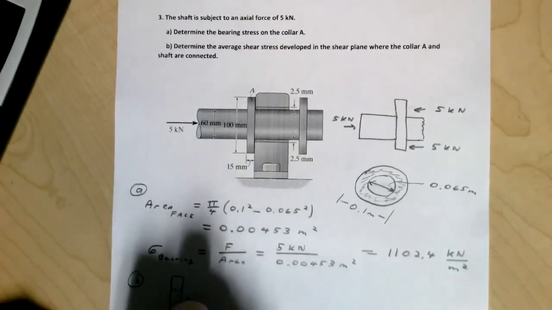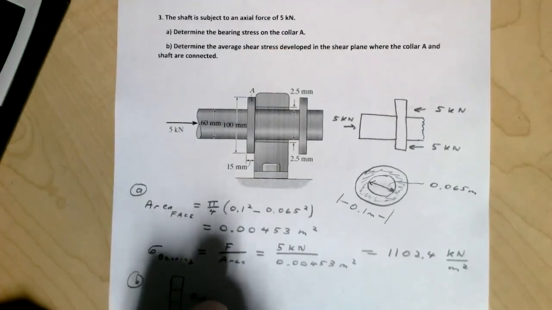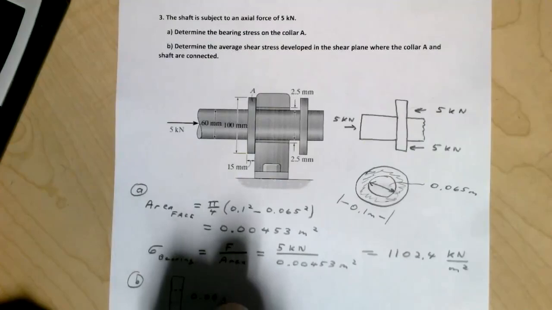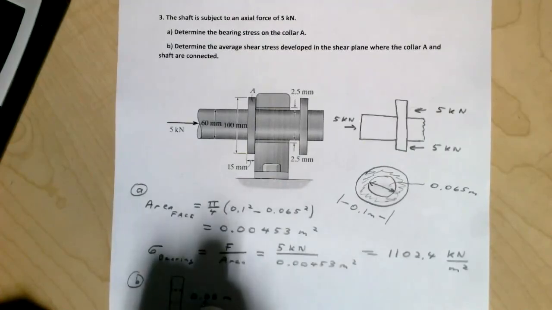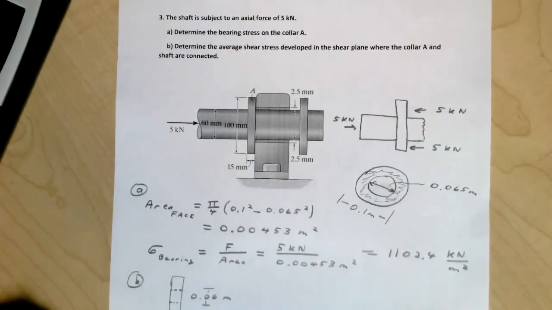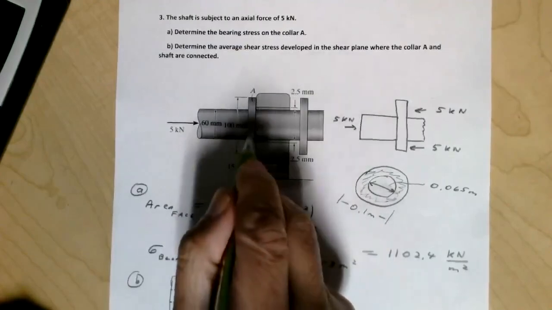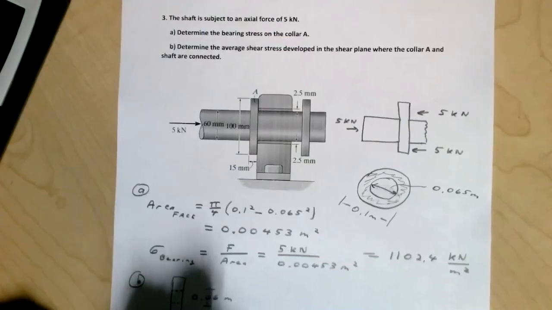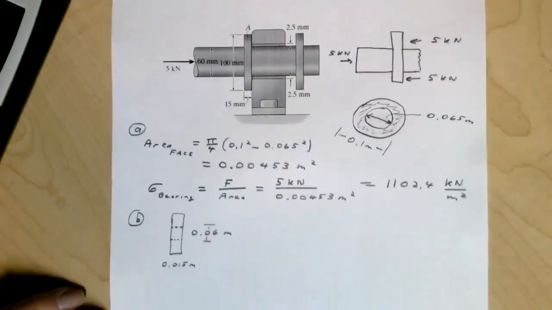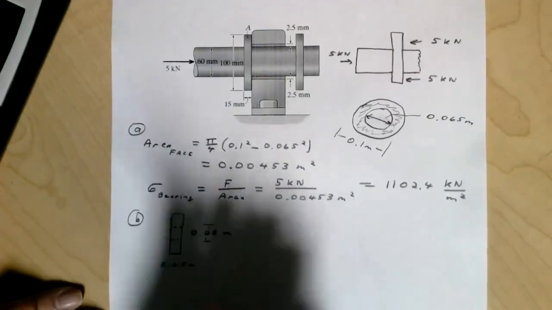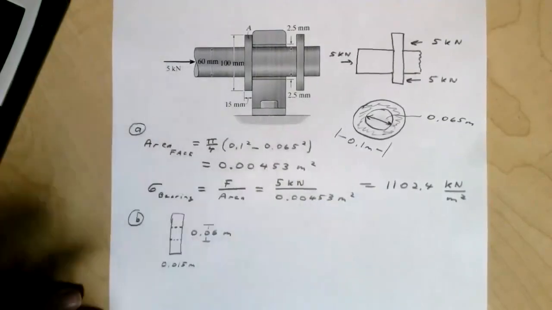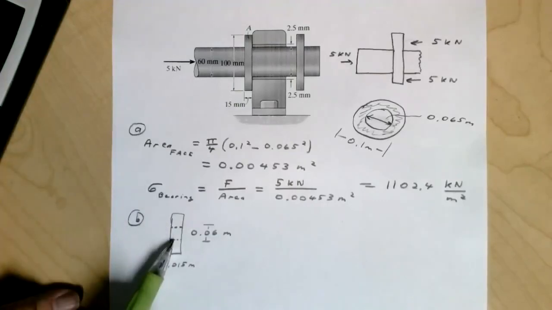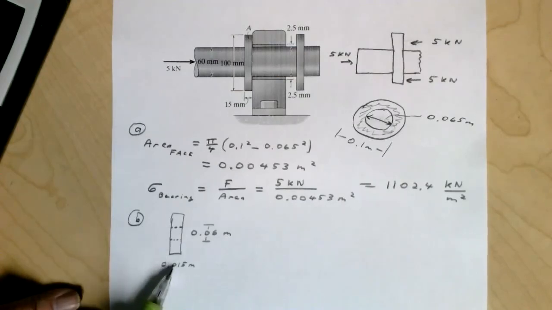And this diameter here is going to be 0.006 meters, and the width of this is 15 millimeters, or 0.015 meters. So again, it's as though that shaft is trying to be ripped out of this collar. So the area resisting it is going to be this circumference times the length.